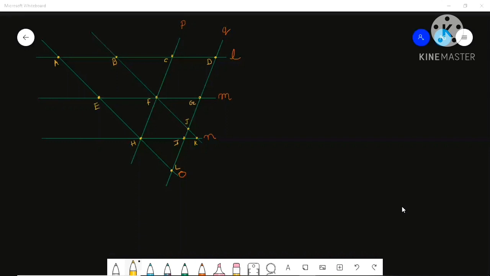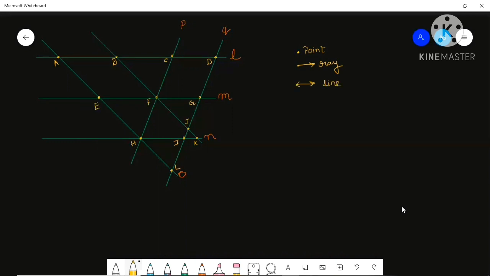So I will tell you what parallel lines are. First, see, when you take a simple point, this is called a point. From a point, when a line starts with an arrow, this is called a ray. And when there is an arrow on both sides, this is called a line.